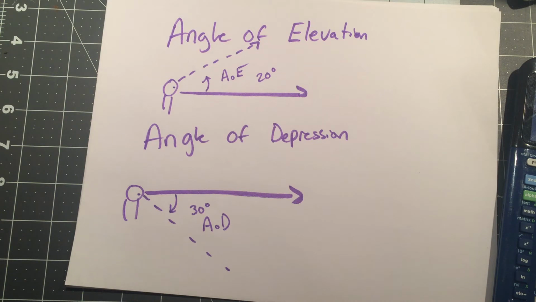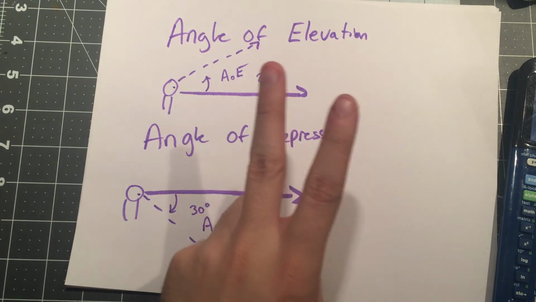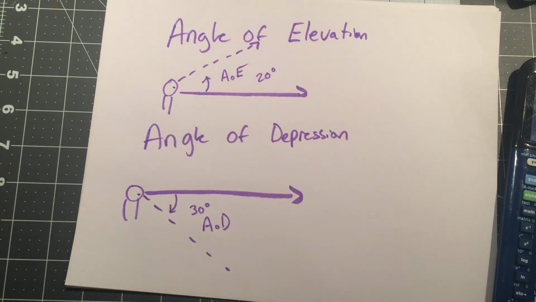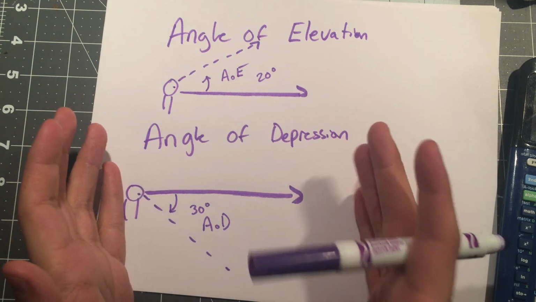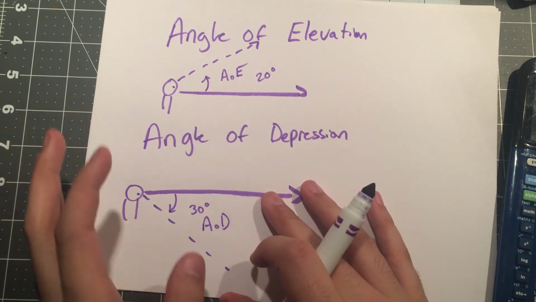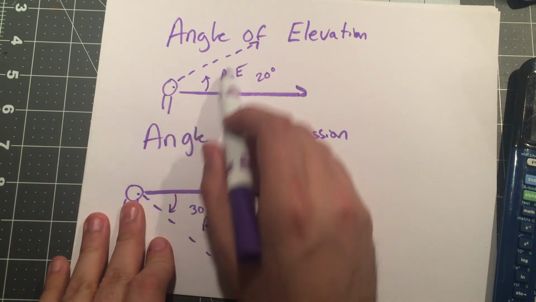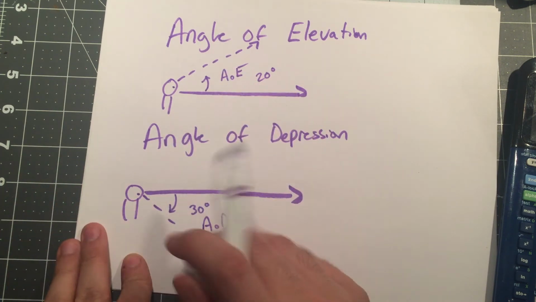So make sure you understand those 2 concepts, because those are the keys to solving the problems we're going to do today. We're only going to do 2 problems, 1 of each. Angle of elevation goes up, angle of depression goes down.